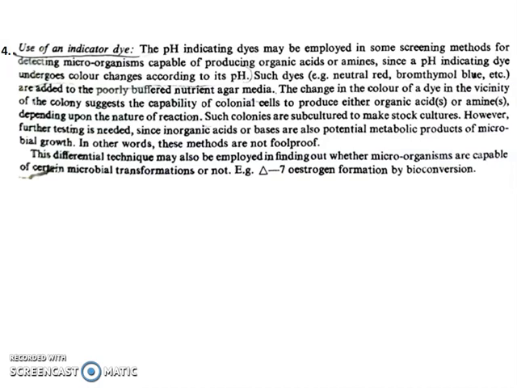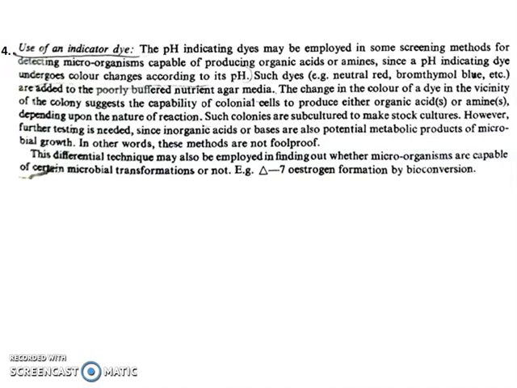Normally the media is set to pH 7, and if you inoculate the culture and it produces an acid, the pH 7 is going to reduce. Due to the acidic condition there is a change in pH, so the indicator will respond and show the colors.